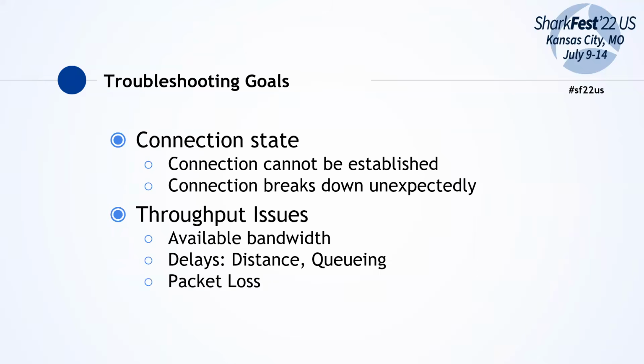Packet loss is, of course, also possible. Packet loss is something that usually happens either in the network or on the 2 systems that are talking to each other. Those are the 3 places in general. Packet loss usually means something is lost because it couldn't be transported in time.